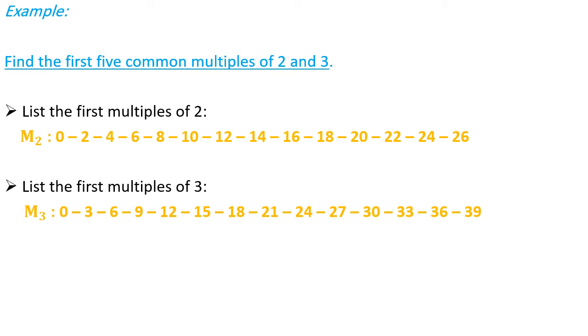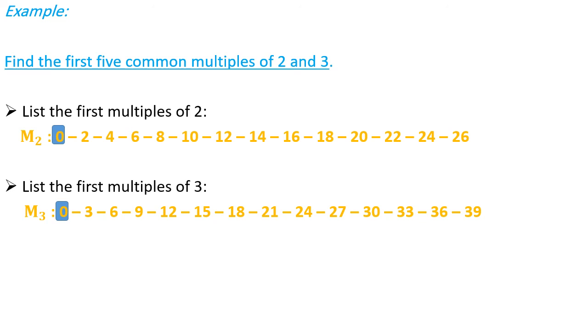Now, what are the numbers that are at the same time multiples of 2 and 3? Let's find out these numbers. The first number is what? Is 0. Very good. So 0 is multiple of 2 and 3 at the same time.